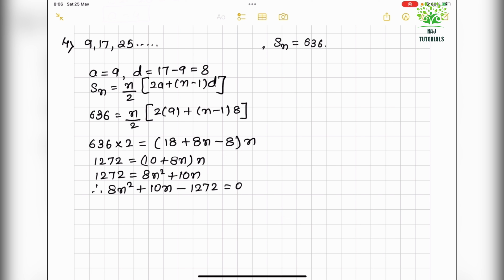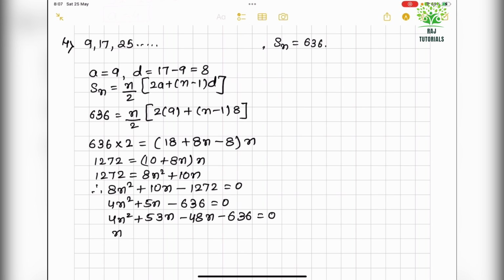Now dividing all the terms by 2, 4n square plus 5n minus 636 equal to 0. So 4n square plus 53n minus 48n minus 636 equal to 0.